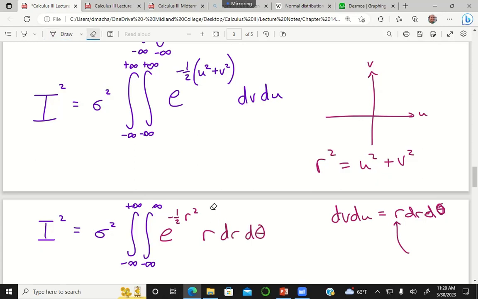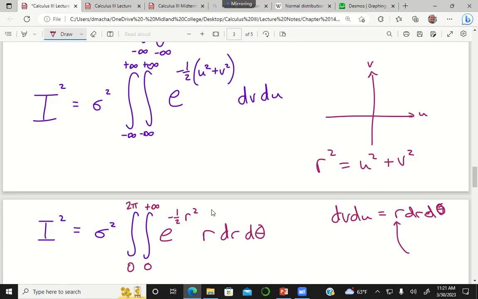But then I have to change my bounds of integration because I'm doing a change of variables. So my radius is allowed to go from the origin out to infinity, so that would be from 0 to plus infinity. And then in terms of my angle theta, I want to rotate all the way around my domain, so I'm going to let that go from 0 to 2 pi.